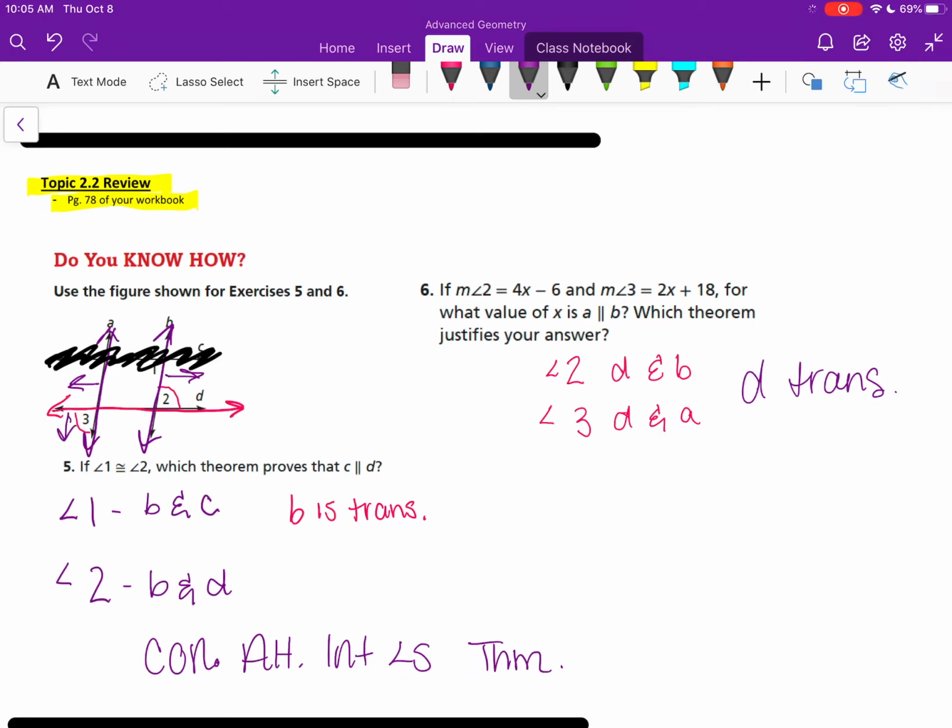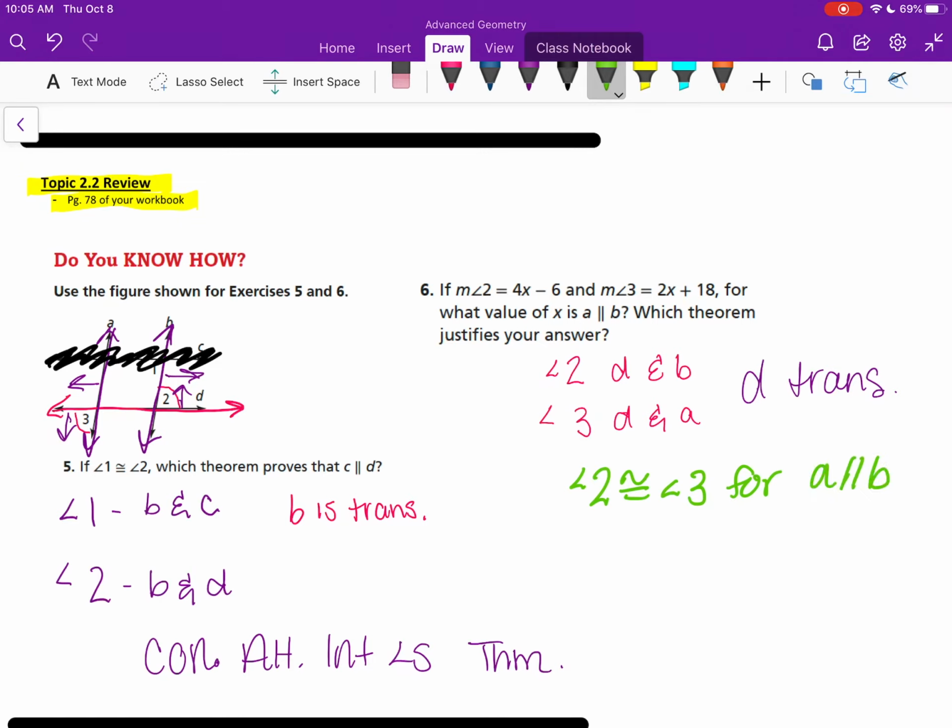They're on opposite sides of that transversal, so that would be alternate exterior angles. And the only way we can prove that these lines are parallel is if alternate exterior angles are congruent.